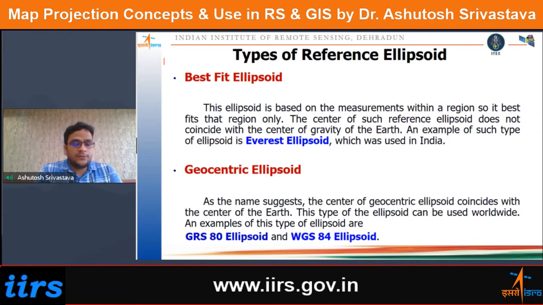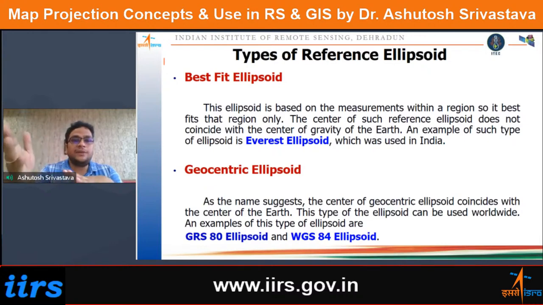So what we did, we collected local information, and based on that local information we derived the ellipsoid. In India also, we used local information and derived our ellipsoid.